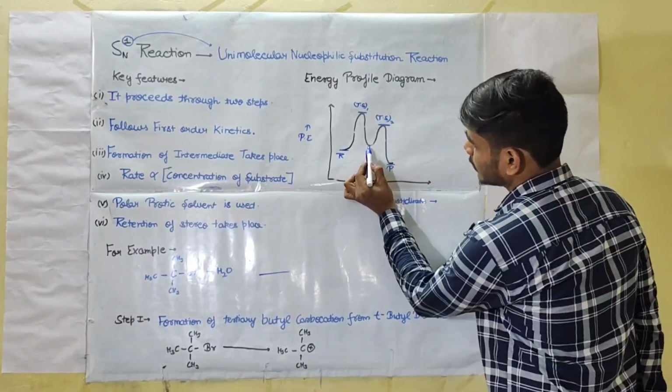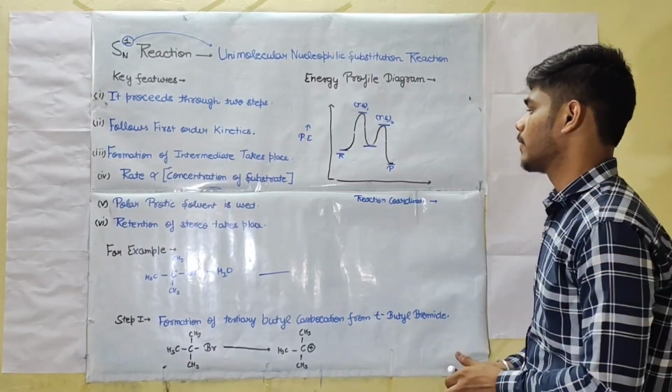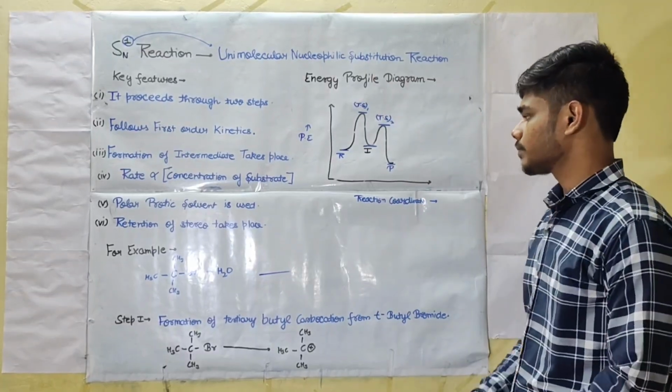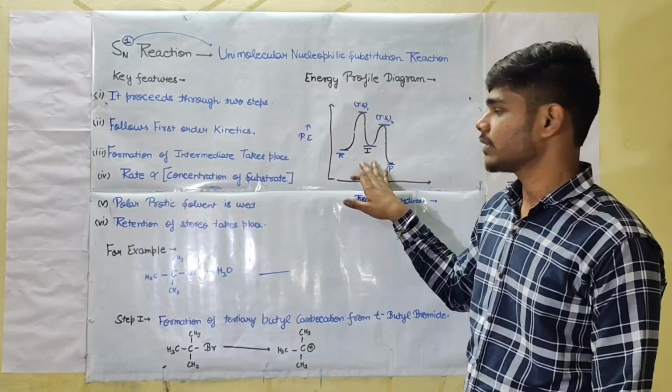Now this point indicates the intermediate formation, which is represented by the symbol I. So this is the energy profile diagram of the SN1 reaction.